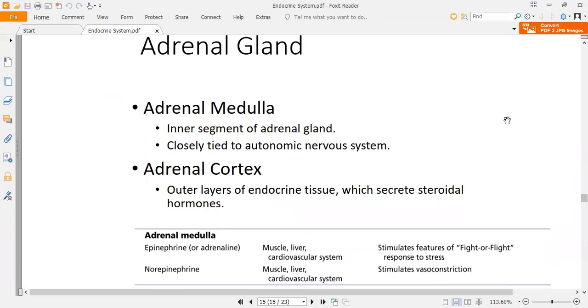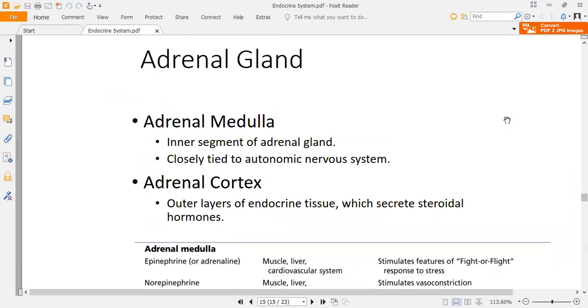Now when you go to the adrenal glands, as you know, what's the function of the adrenal glands? The adrenal glands have two parts: the adrenal medulla and the adrenal cortex. The adrenal medulla is the inner segment of the adrenal glands and is closely tied to the autonomic nervous system, while the adrenal cortex is the outer layer of the endocrine tissue, which secretes steroidal hormones.